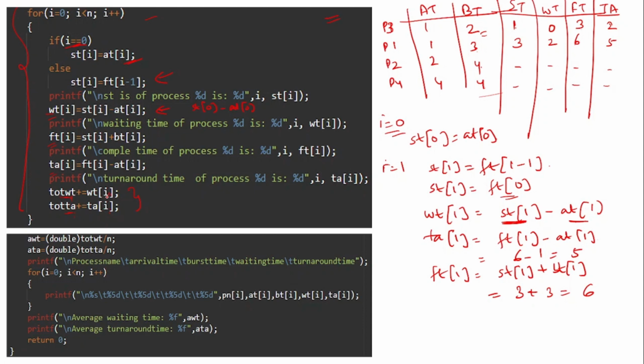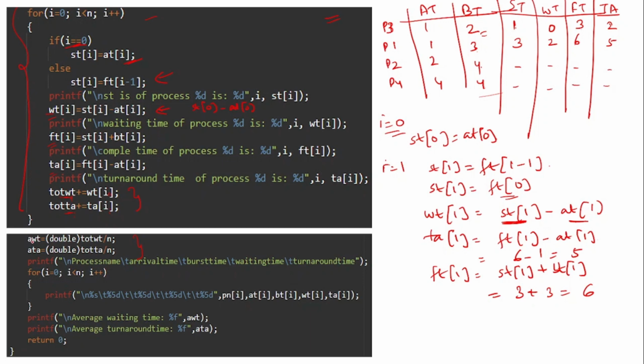Then we need to calculate the average waiting time and average turnaround time. The average waiting time is obtained by dividing the value by n, the number of processes we have.